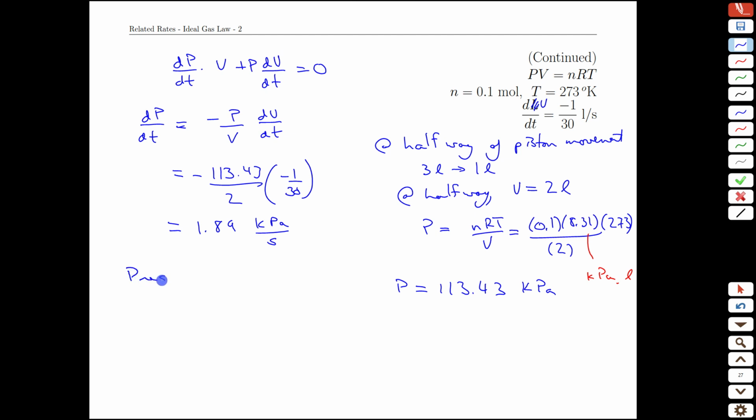And so the pressure is increasing. We see a positive derivative here at 1.89 kilopascals per second at that halfway moment, and has a pressure of 113 going up by 1.89 each second afterwards.